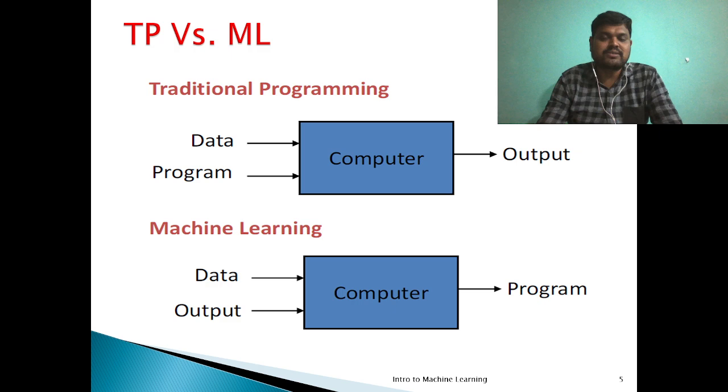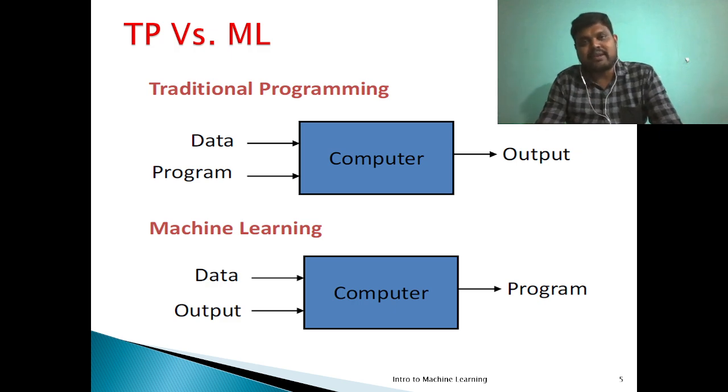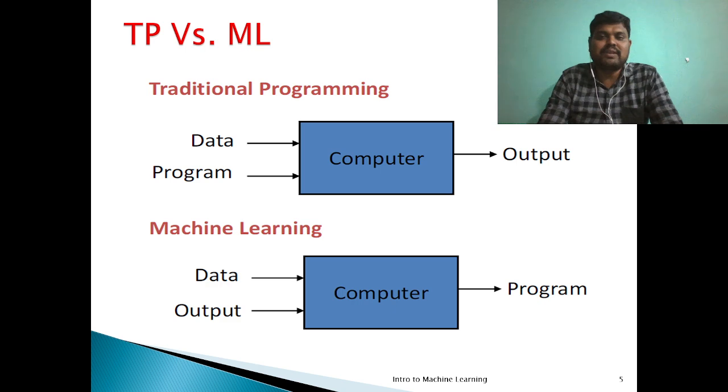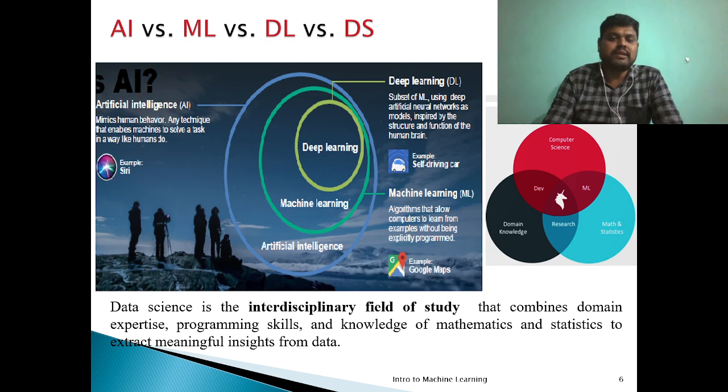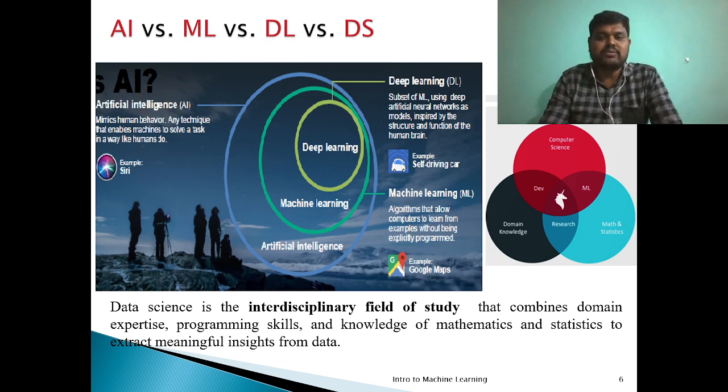Based on the data and the expected output given to the machine, it will generate the program for you. So when new data is given to the machine, it will predict or classify the output.